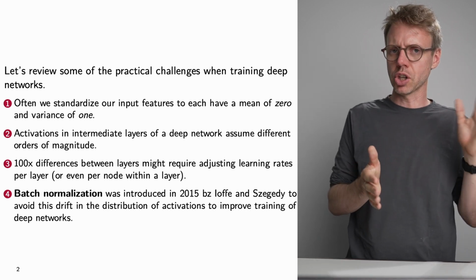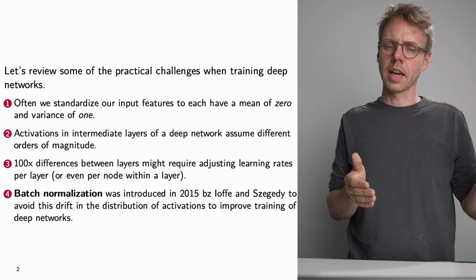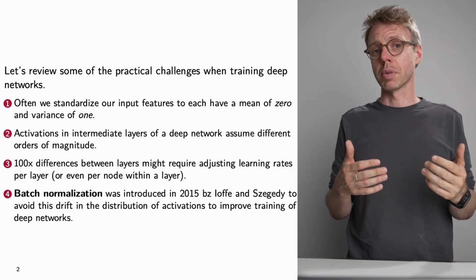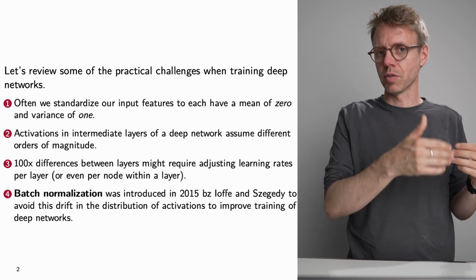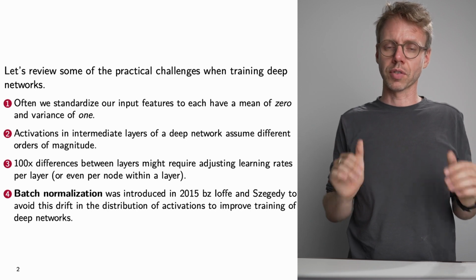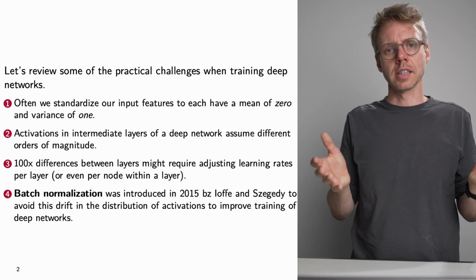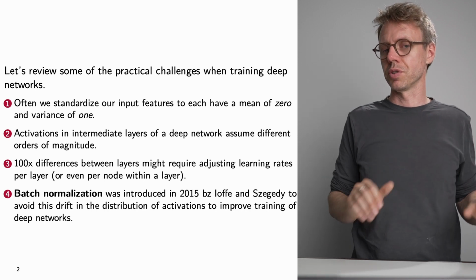For example, to take each feature and set it to zero mean and unit variance by subtracting the mean of our training data and then dividing by the standard deviation of that feature. Now, batch normalization does a similar method for the hidden layers of a neural network.